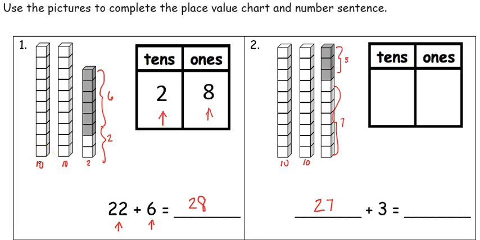When I add the 7 cubes and the 3 gray cubes, you can see that gives me another group of 10. So my sum would show me that I have 3 groups of 10, and now I don't have any extra ones because I used my 7 ones and my 3 ones to make that third group of 10. So 27 plus 3 equals 30.